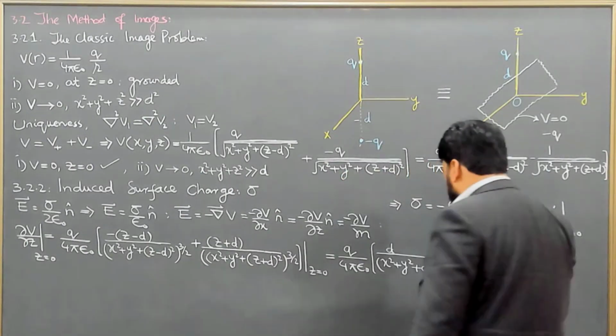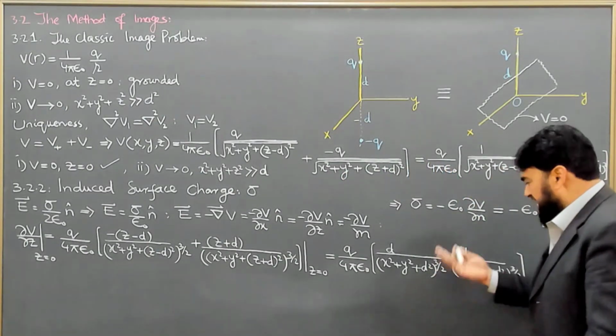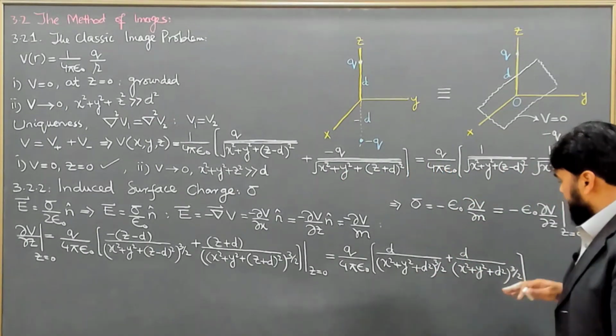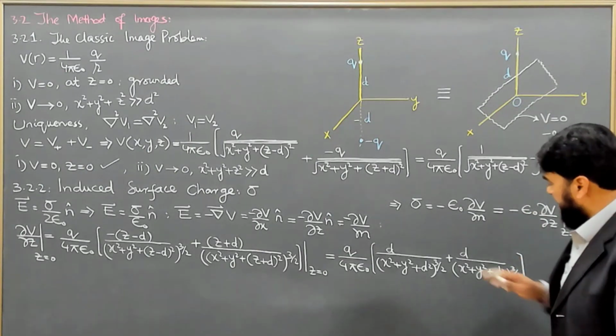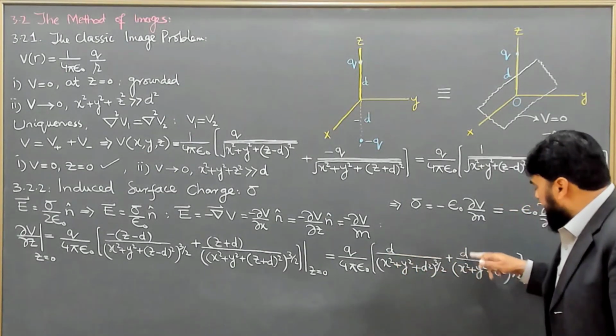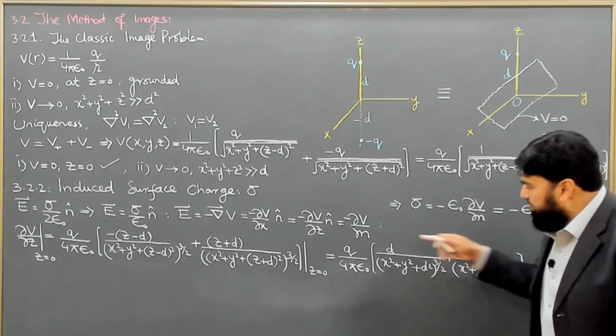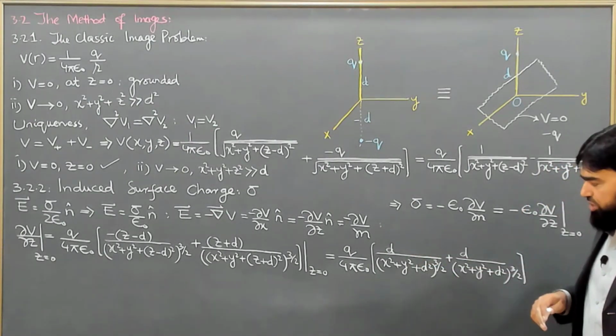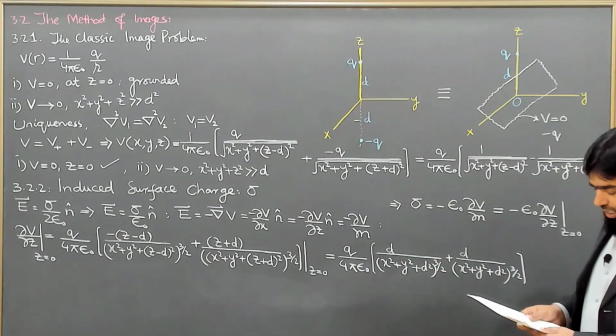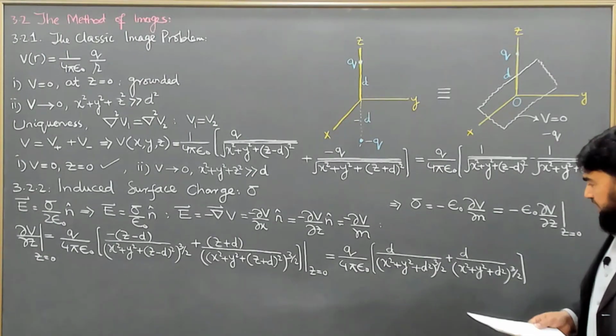We should have done this step. This is also very easy, but as I have done it, so go on with this one. Look here, d and d are the same thing, so it will become 2 times d, and it will simplify with this one.